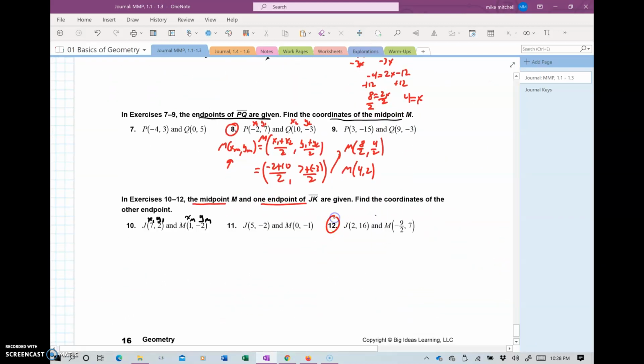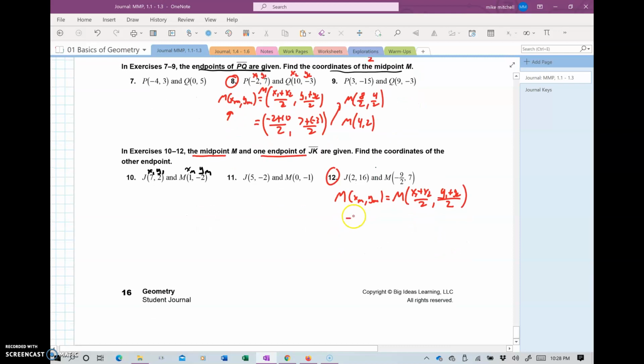So I was going to do this one here. This time they give us one midpoint and one endpoint. So we're going to use that formula a little bit more there. We're going to use the midpoint, which is XM, YM equals x1 plus x2 over 2, y1 plus y2 over 2.